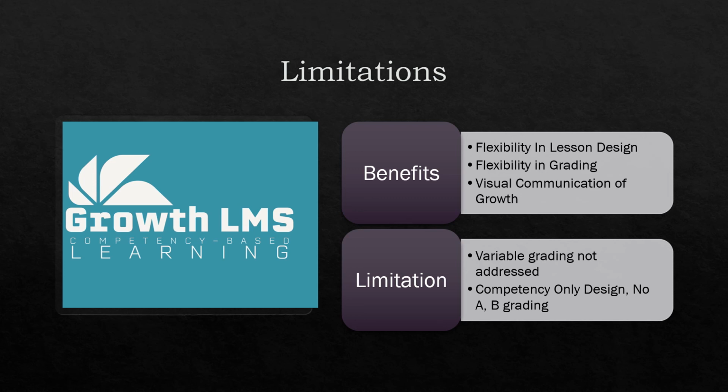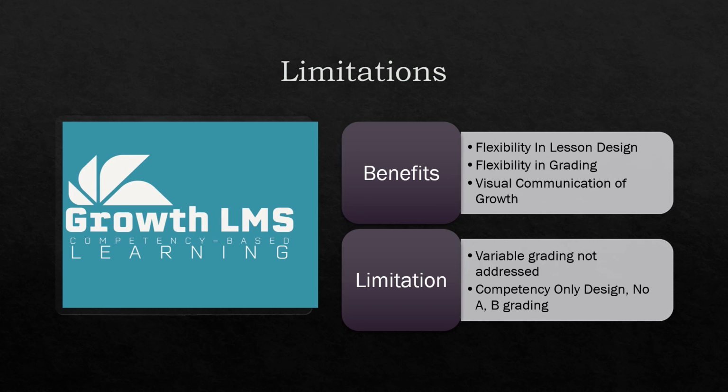But some of the limitations are that variable grading was not addressed in this design, which was mentioned by a couple of users, and what they mean by that is being able to give a high proficient or a low proficient, and that's something that we feel we would need to do some more research on to see if that truly is a need and how accurately that can be assessed.